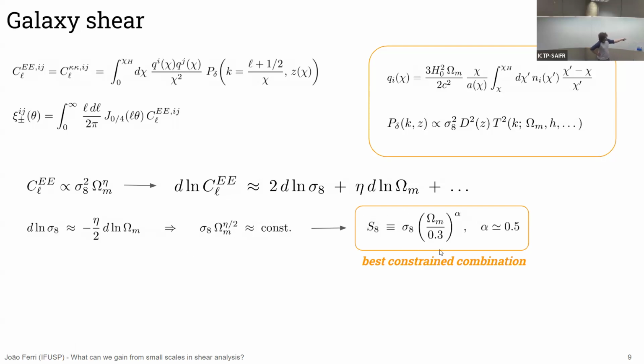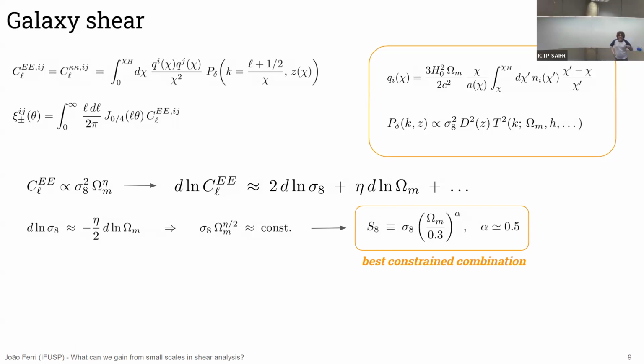We make this convention where we call this quantity S8, which is basically the degeneracy that you have in the measurements of CL. This is the thing that galaxy shear experiments are most sensitive to.